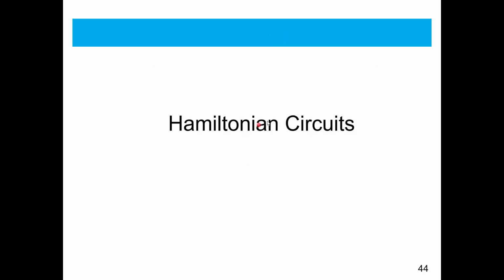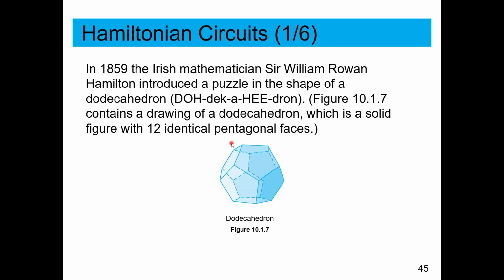All right, I mentioned that Hamiltonian concept, and this is a very valuable question. Hamiltonian is again based on the mathematician Hamilton, not the play. And he introduced an idea called the dodecahedron. Part of this question is based on that, and part of it's just a very interesting question in general.